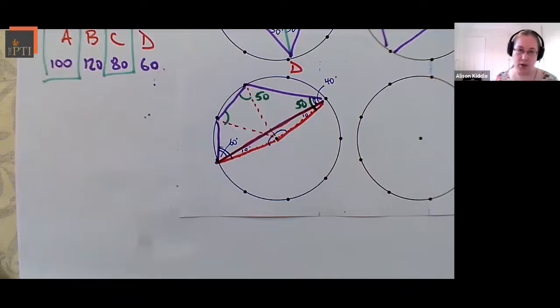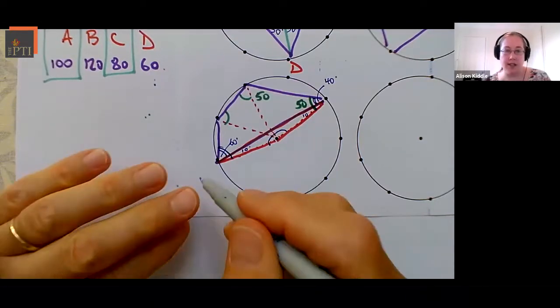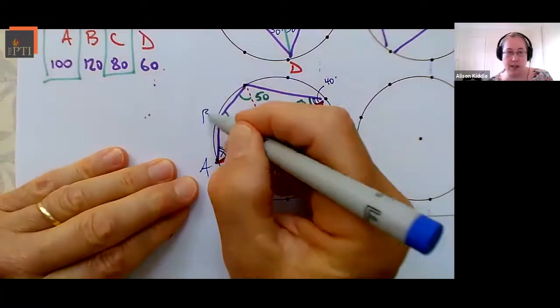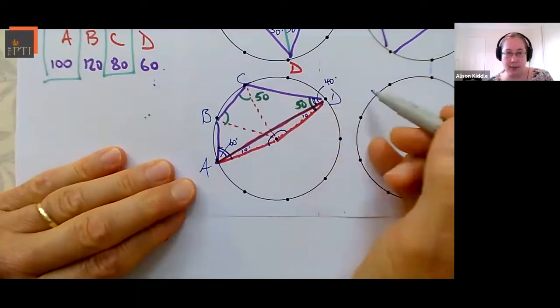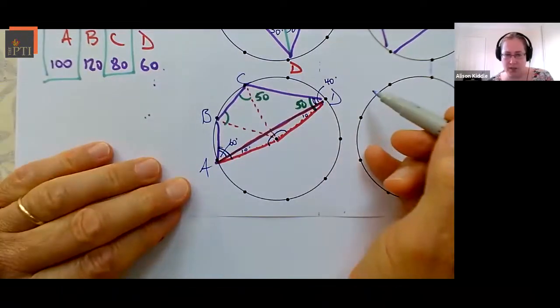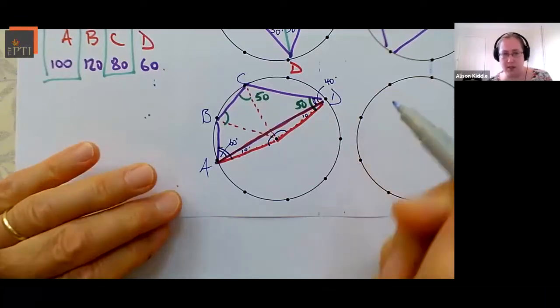Yeah, and I think that's where your ABCD labeling comes in really useful here, because when we talk about opposite angles, I can imagine some students having the misconception that what you're about to label A and D are opposite each other because they're on like opposite sides of the circle.